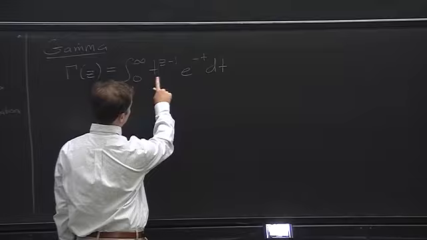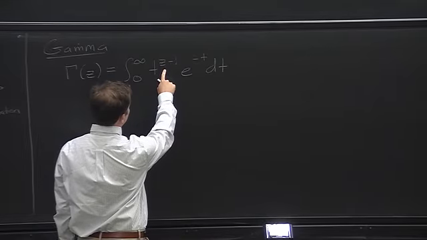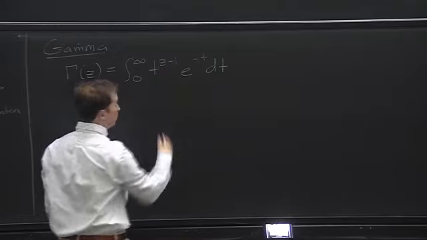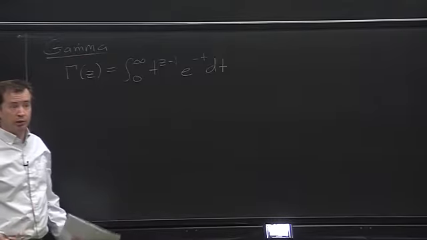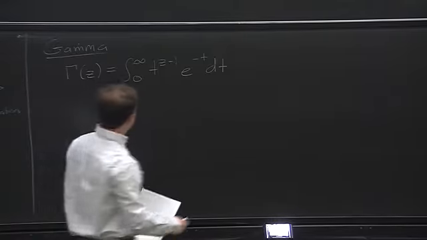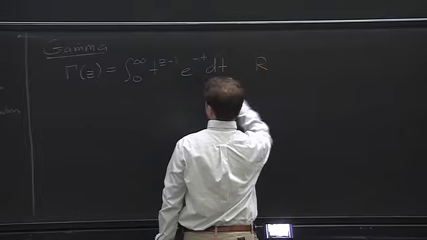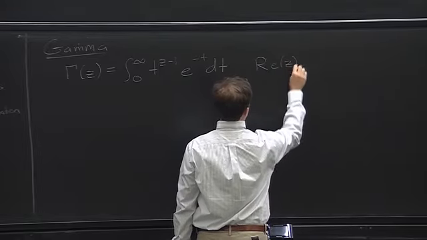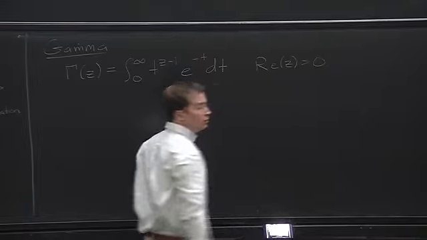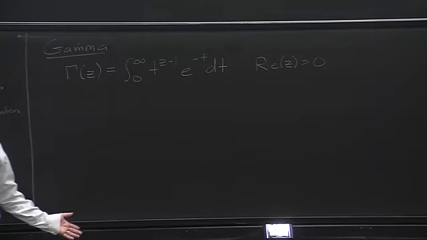So this integral won't converge. And more generally, if we allow z to be a complex number, which will be a case we'll be interested in, the same argument works. So this integral will converge as long as the real part of z is positive. So this is a definition for the gamma function on half of the complex plane.